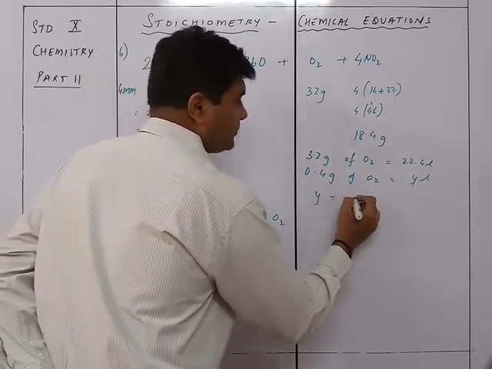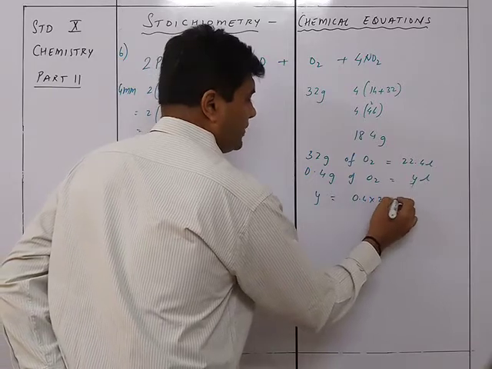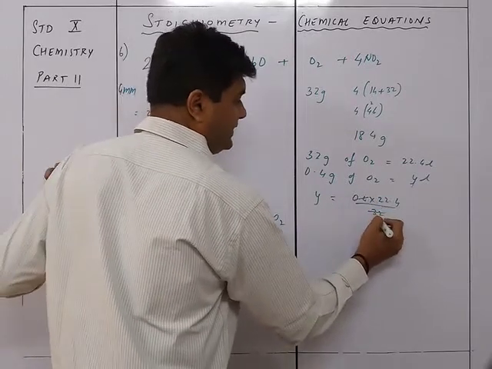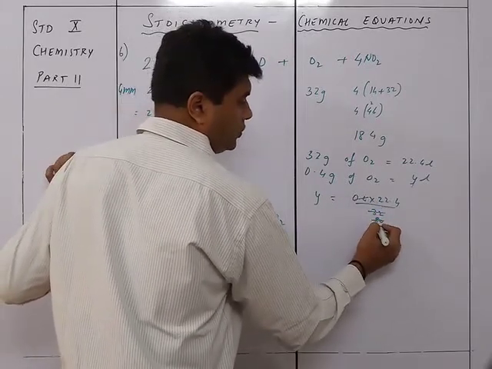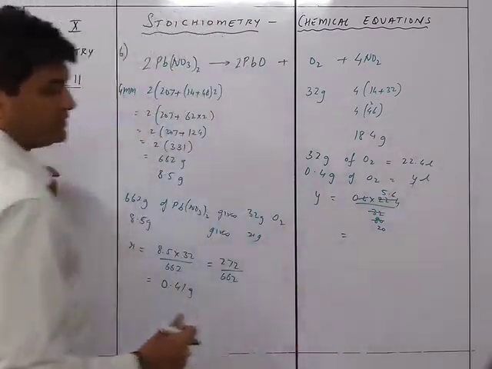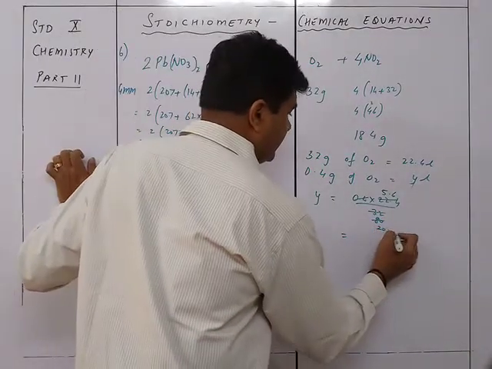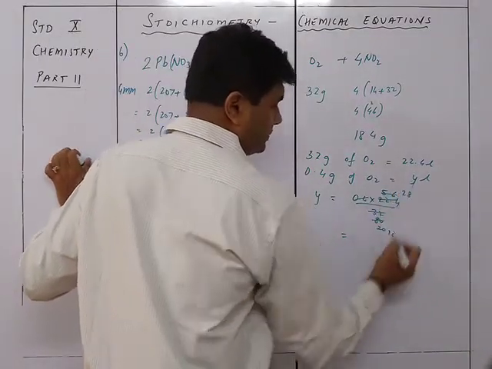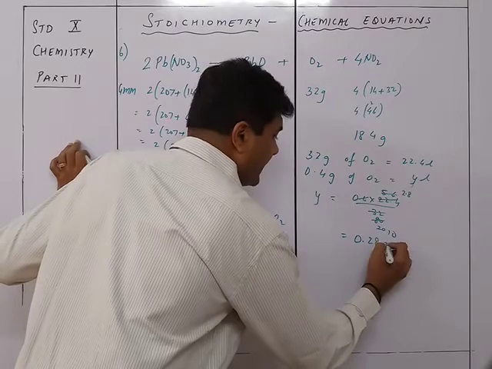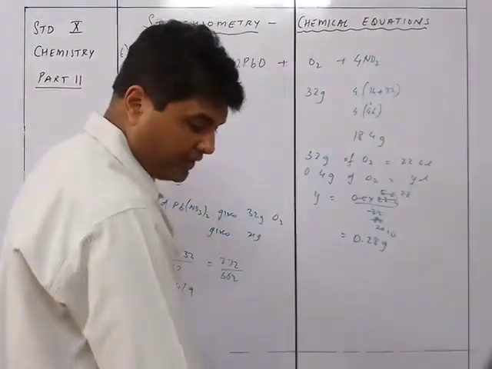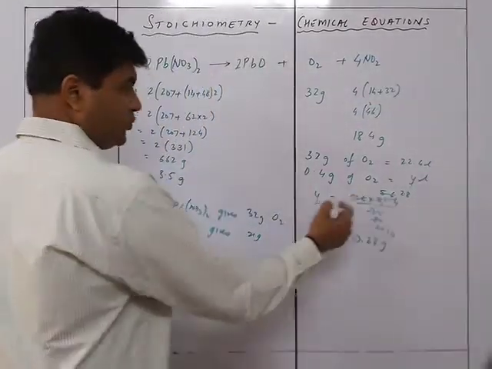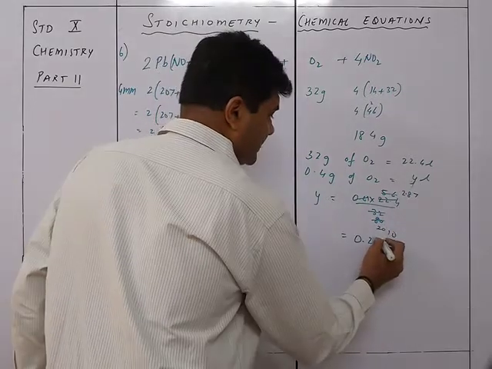So Y is equal to 0.41 into 22.4 upon 32. That will give me 0.287 liters of O2.